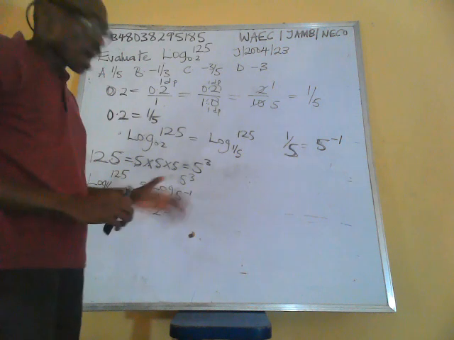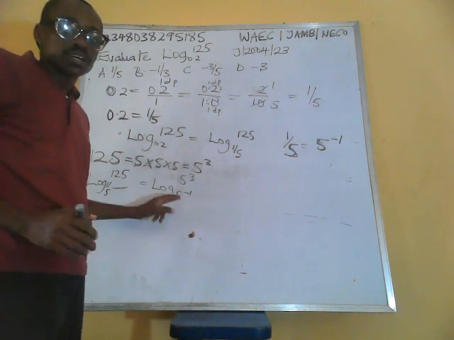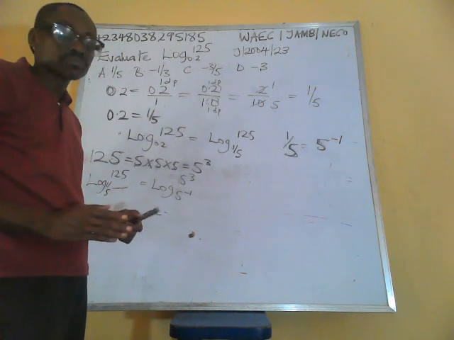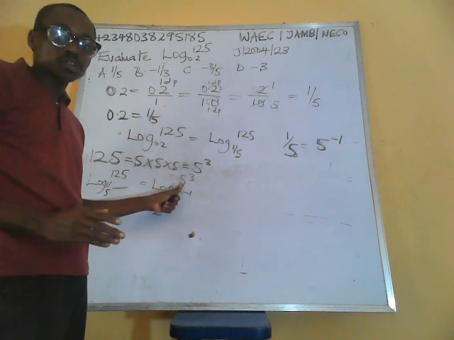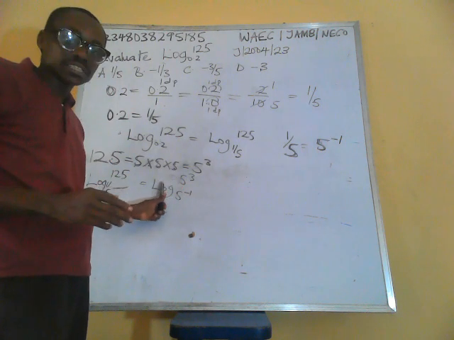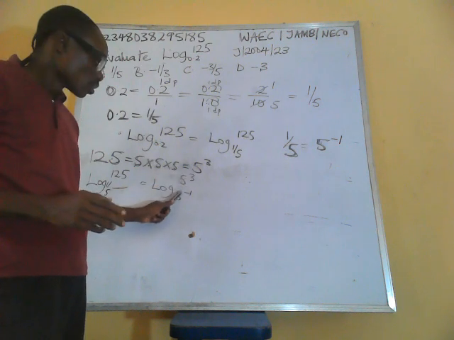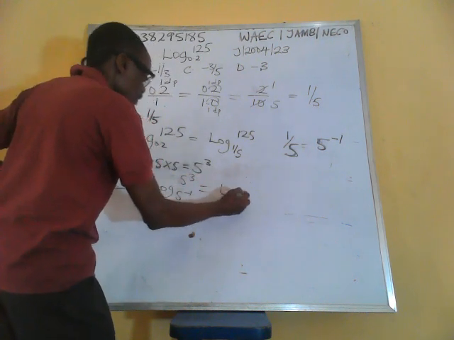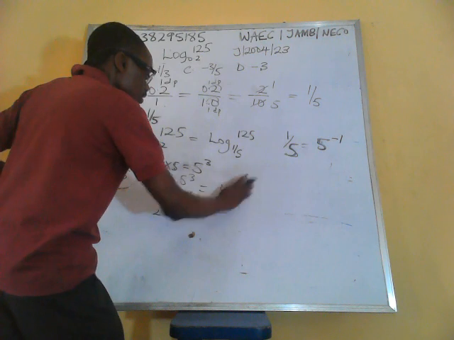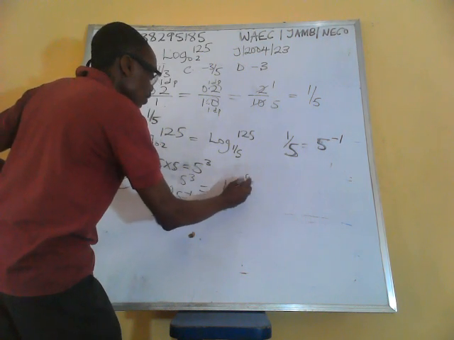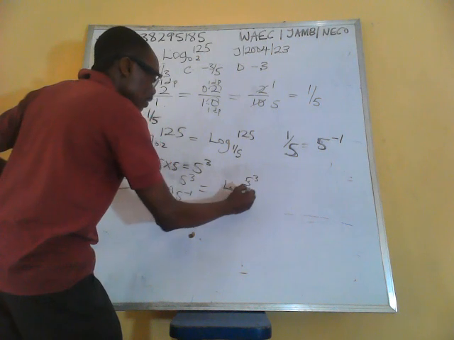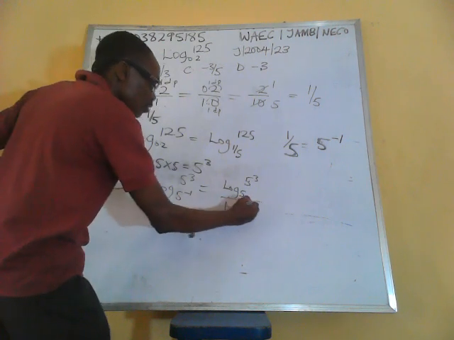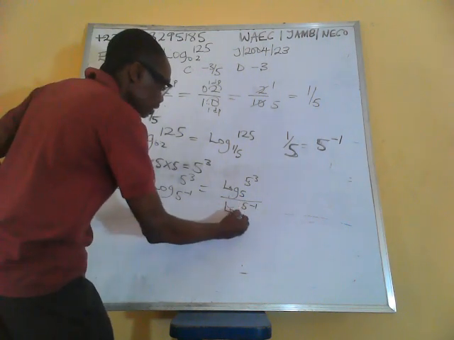Since they have a common base of 5, we're going to apply the change of base law of logarithm. So this can be written as log of 5 raised to power 3 to base 5, all over log of 5 raised to power minus 1 to base 5.